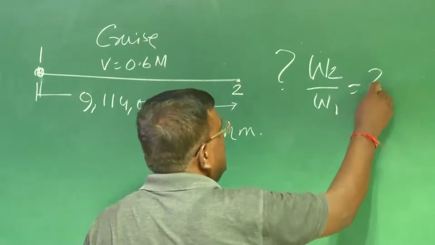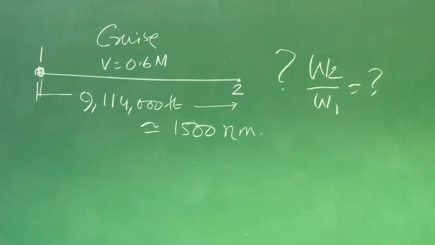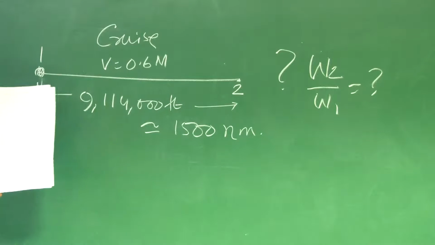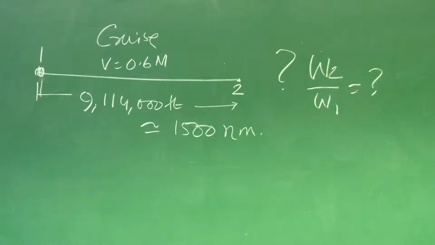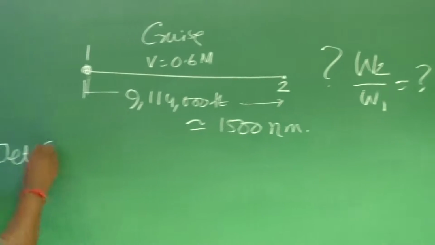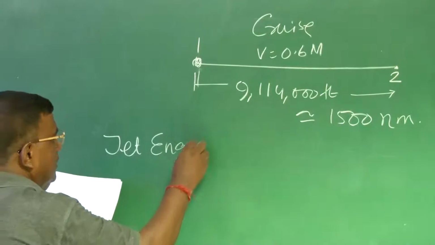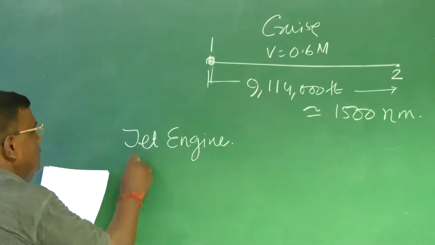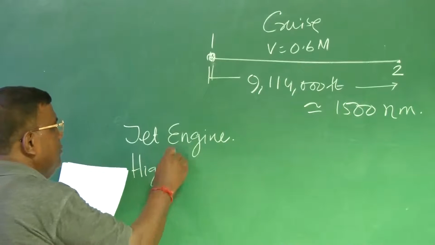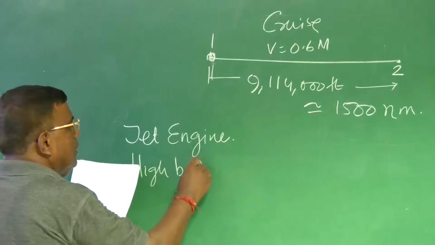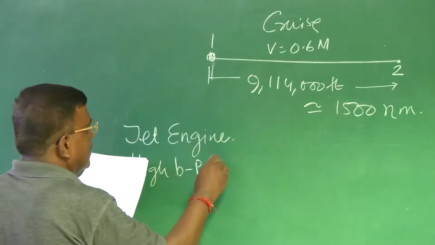If I know this ratio, I know how much fuel is consumed, provided I know the weight at W1. Okay. So how do I do that? We are assuming we are talking about a jet engine with high bypass ratio.